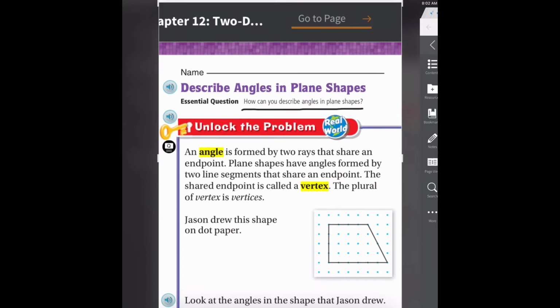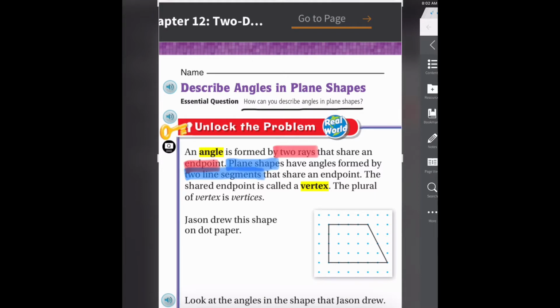It says an angle is formed by two rays that share an endpoint. Plane shapes have angles formed by two line segments. So let me repeat that one so it doesn't get missed. Plane shapes have angles formed by two line segments. Okay? Rays can form an angle.